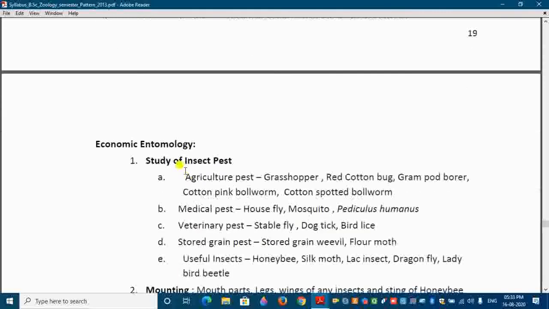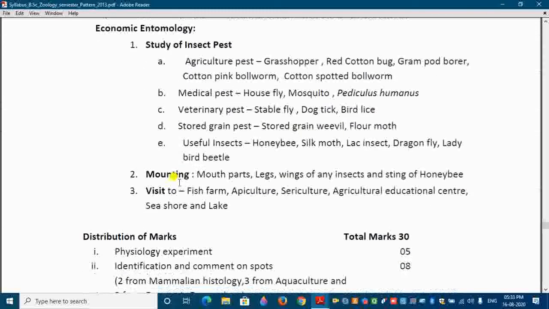Then on economic entomology, you can study insect pests like agricultural pests, medical pests, veterinary pests, stored grain pests, and useful insects. You can observe all these specimens and note down their features. Also you can do the mounting of the mouth parts, legs, wings of any insect and the sting of the honeybee.